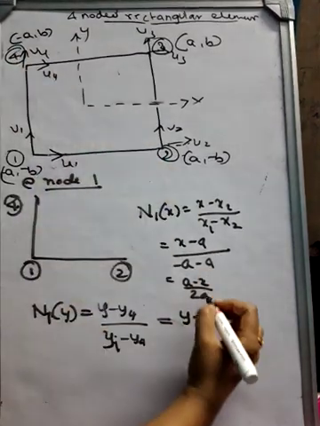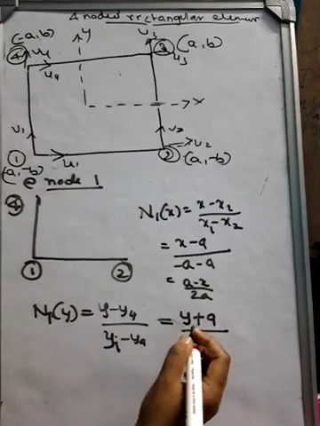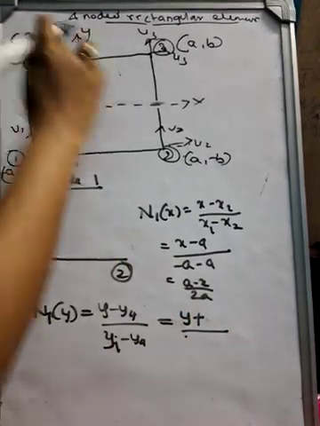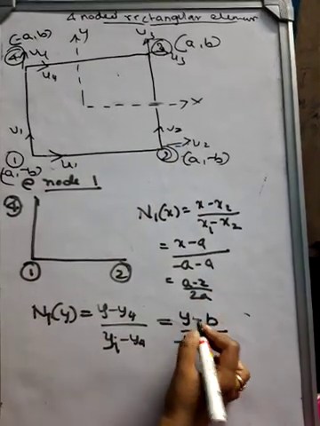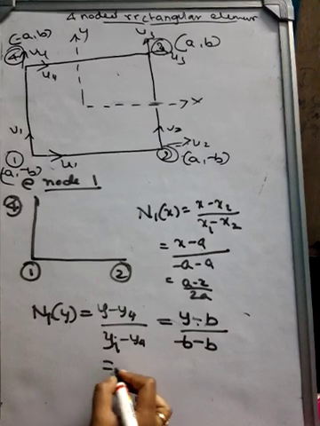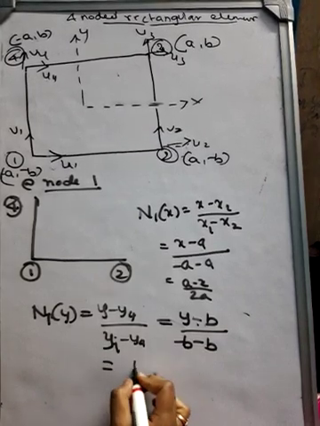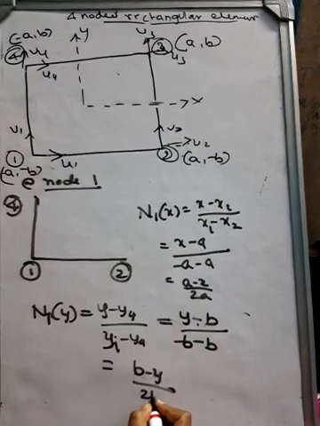If you see the figure, y4 is minus b, so y1 minus y4 is minus 2b. That's why it will be b minus y divided by 2b.